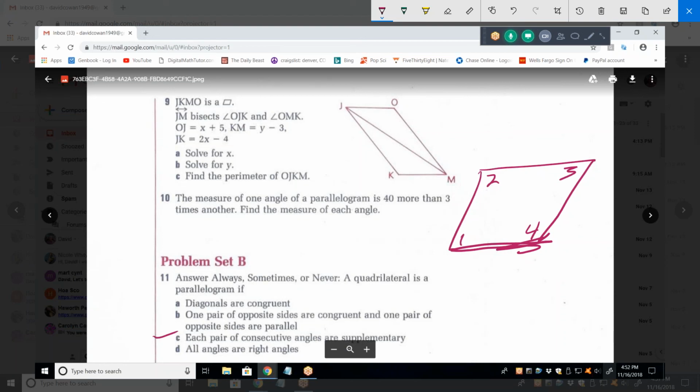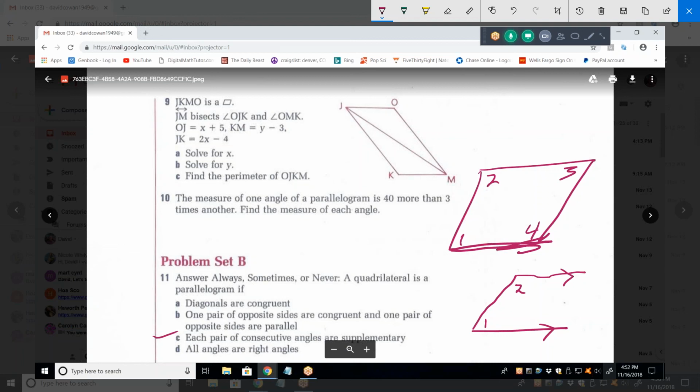Let's start off with a flat line, okay? Now, if I make a line like that, and I insist that 1 be supplementary to 2, that makes that parallel to this, based on parallel lines and adjacent angles.